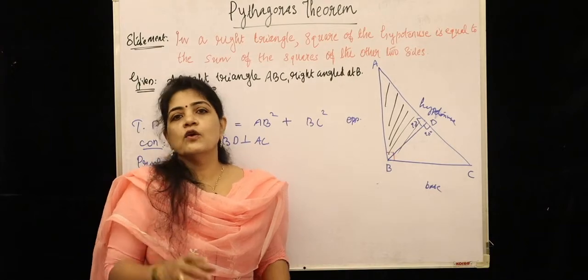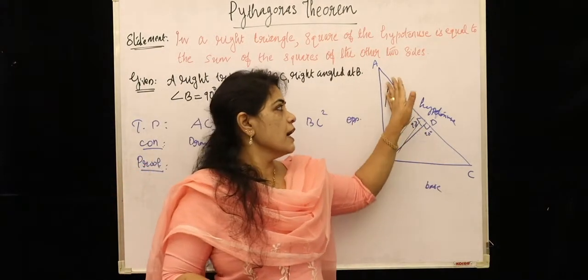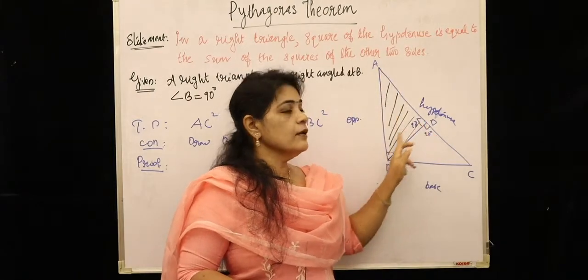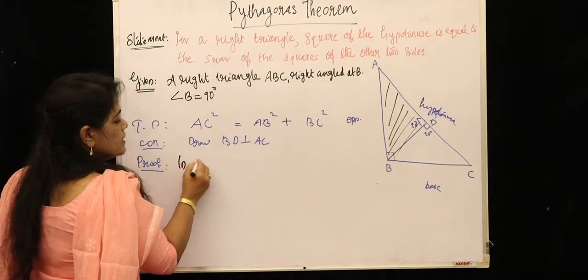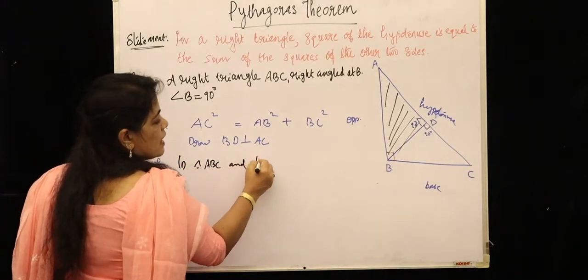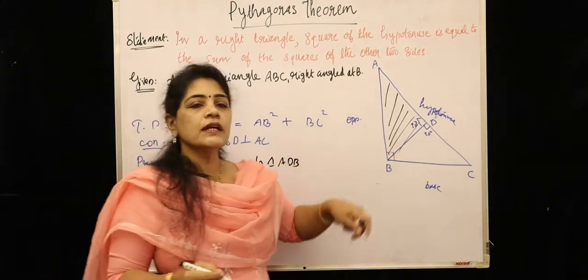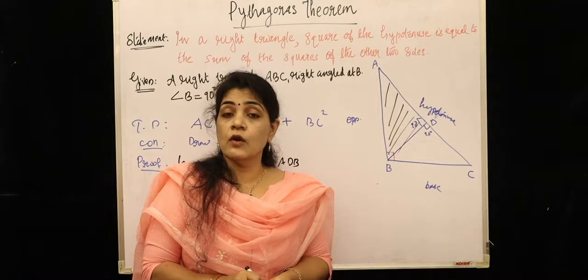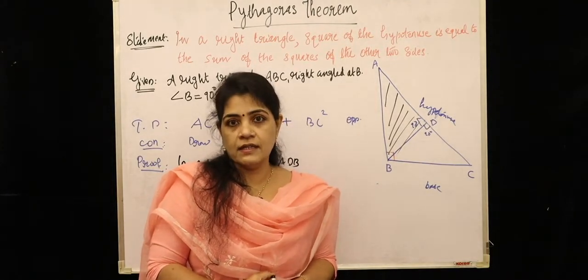First I am going to consider triangle ABC and triangle ADB. Can you prove that these two triangles are similar? I already told you, we are proving this result using similarity criteria.